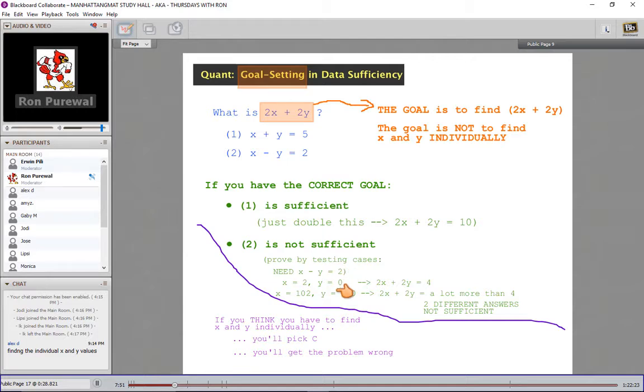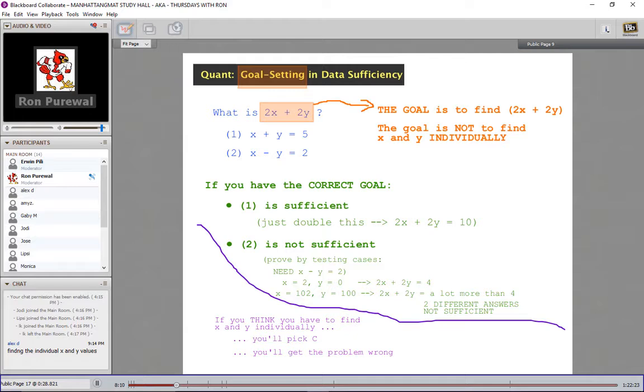And it turns out here that you don't have to. So they basically invented the entire problem type of data sufficiency so that this approach would not work and this approach does.